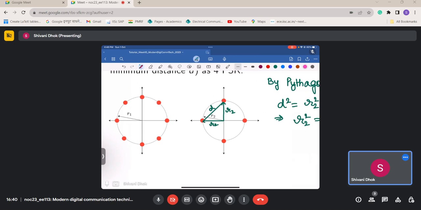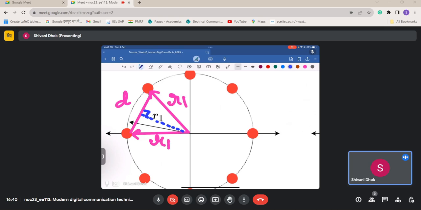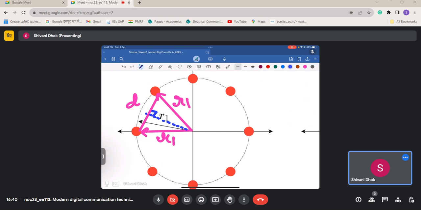Now let us look at the other constellation. Now this is R1, this is R1, and this entire thing is D. Now if I drop a perpendicular from this, then this part will be D by 2, and this will also be D by 2.